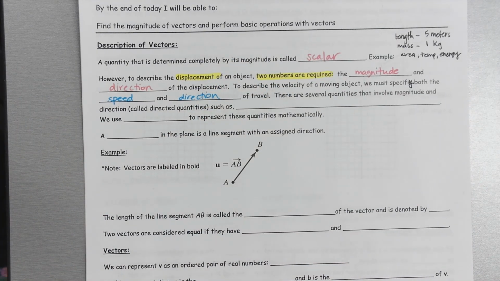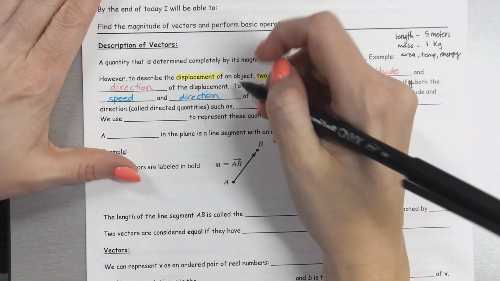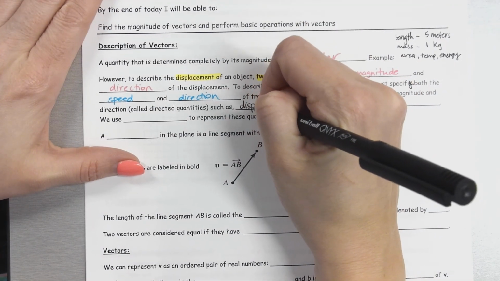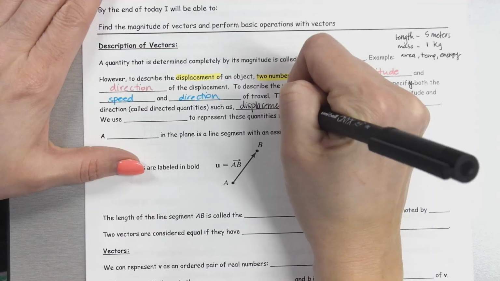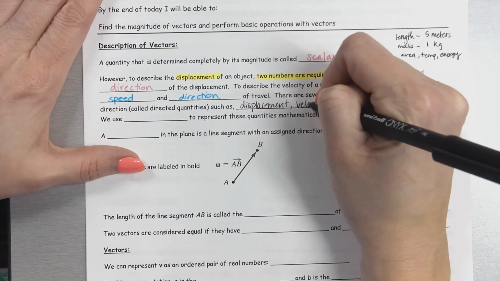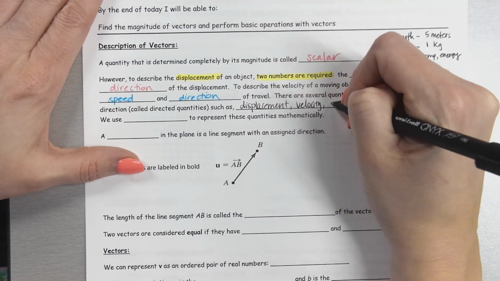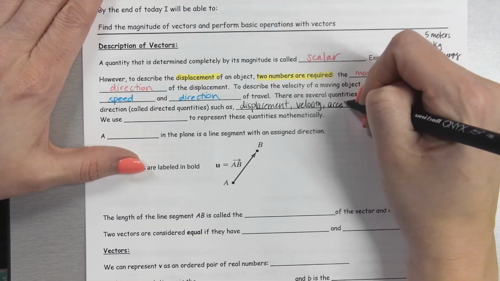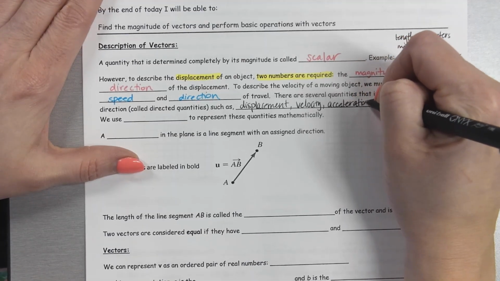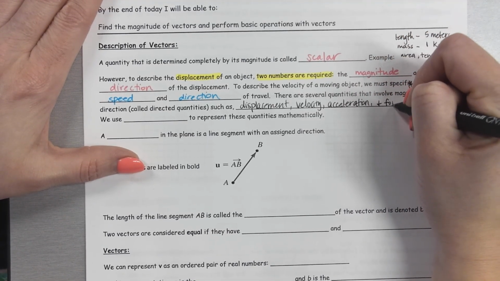And there are several quantities that involve both of these. Some examples would be, like we said, displacement, velocity, acceleration, and force.